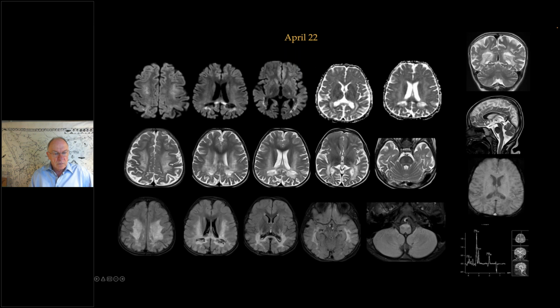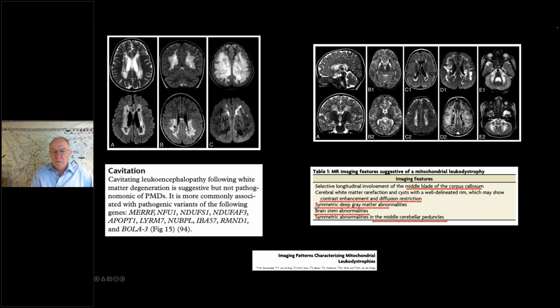Dark. So this is what I'm calling cavitation or cystic degeneration. This is the SWI image. Not the typical cavitation, right? As in mitochondrial, it is more diffuse, more patchy involvement.